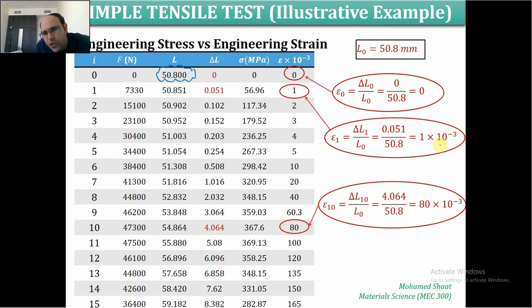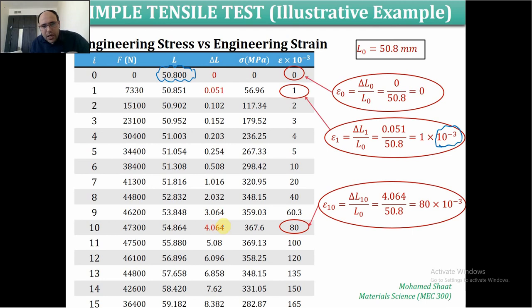The other option is that you can collect this 10 to the power negative 3 as a common factor. So if you plug in 1 here and you consider 10 to the power negative 3, for the next steps, when you try to subtract any strain, you should remember that this strain is already multiplied by 10 to the power negative 3. Make sense? So this is going to give us the strain at instant 1. And do the same. How about the strain at instant 10? It's going to be the same.